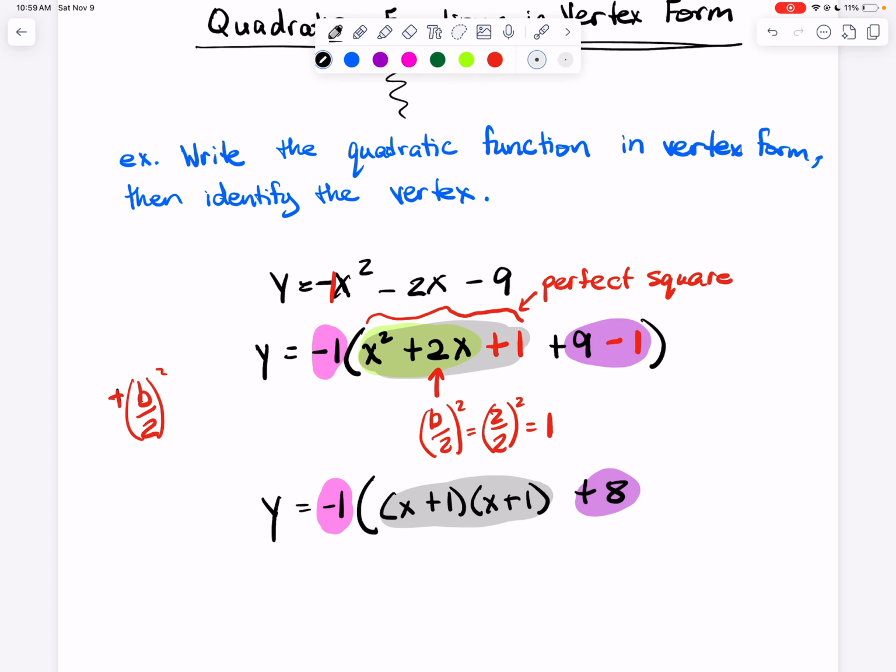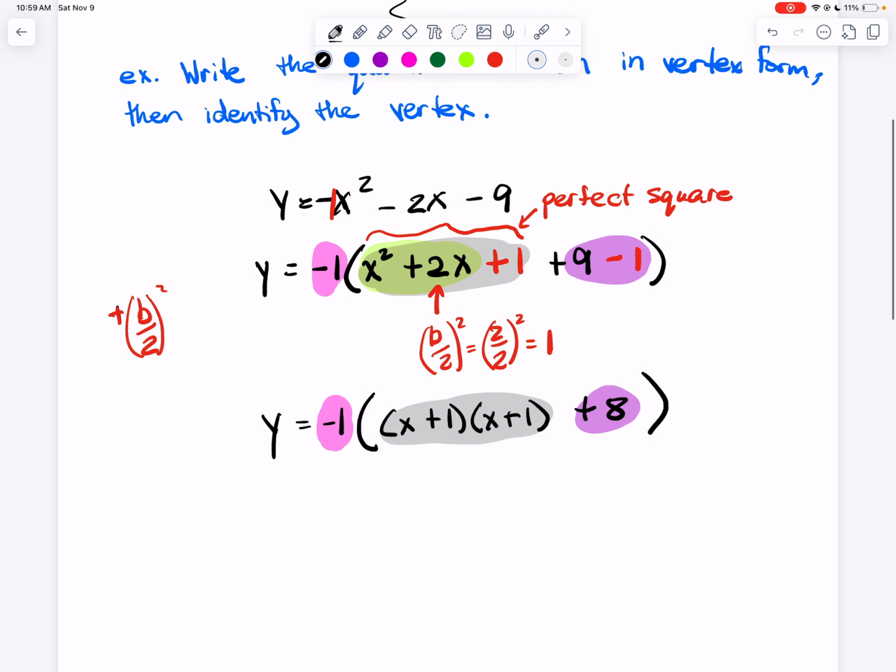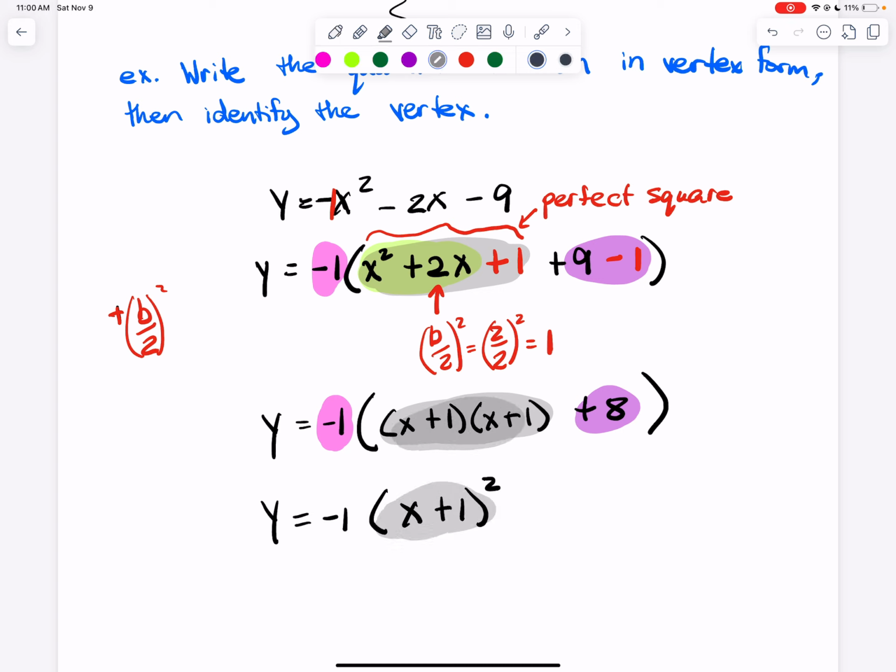All right, so now we're almost done. y equals negative 1, then we have x plus 1 squared because we have that x plus 1 twice. So that's just this, that's just that. All right, and then plus 8.